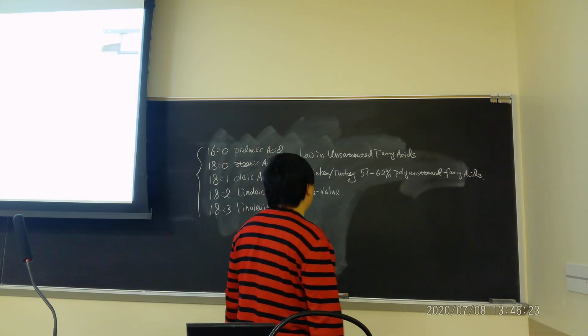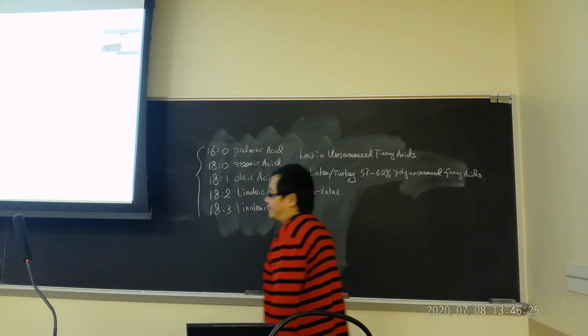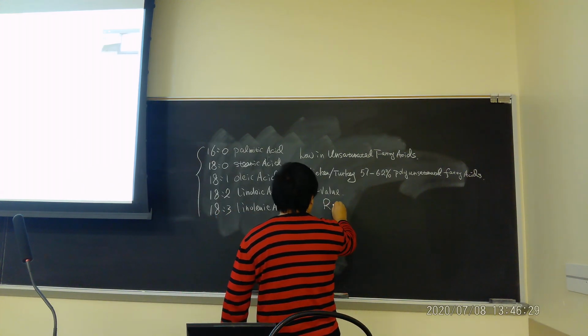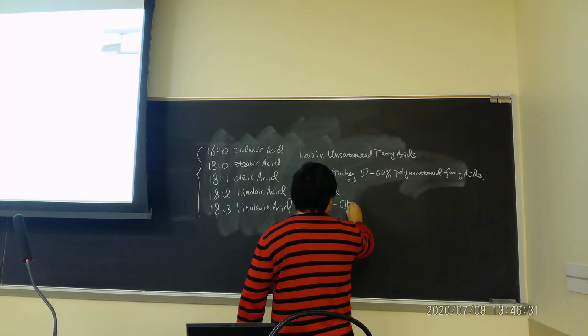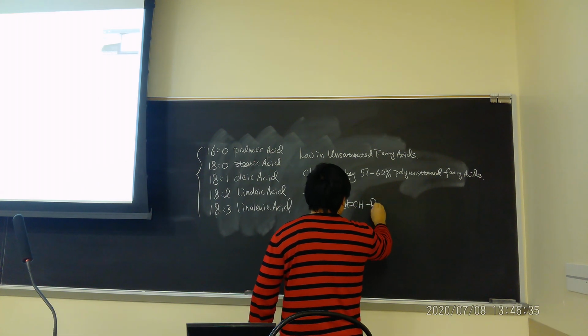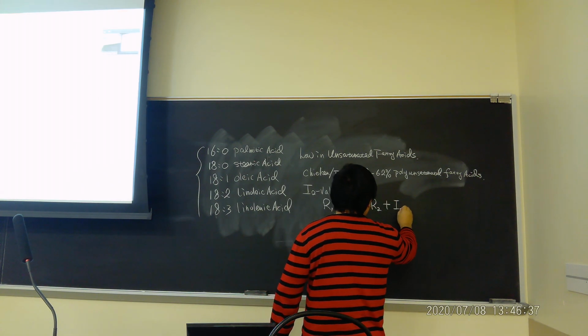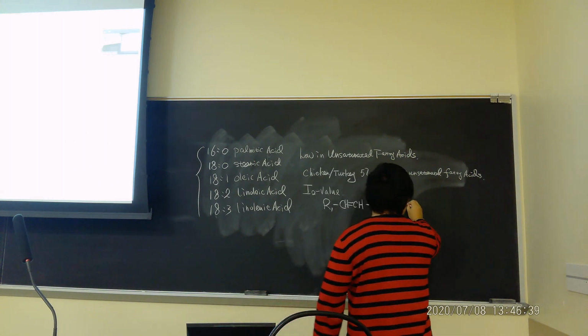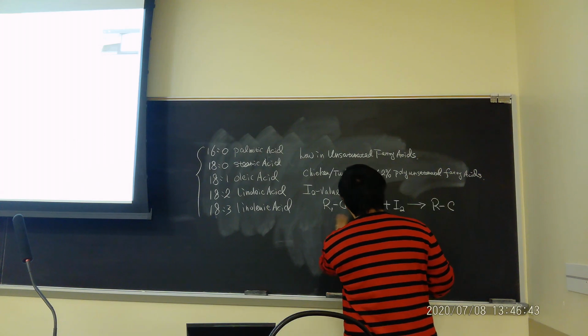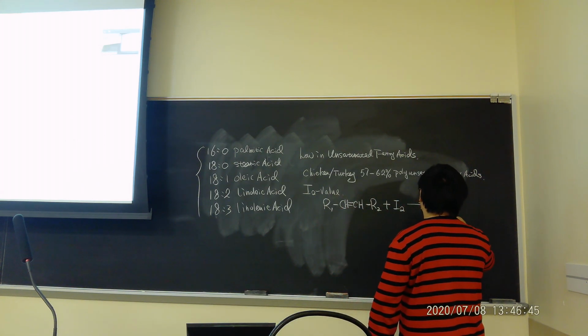Now, what's the story behind the iodine value, which is the equation right here? So any unsaturated fatty acids, you have double bonds. They can react with the iodine, and the double bonds will break down, then each is going to add an iodine there.